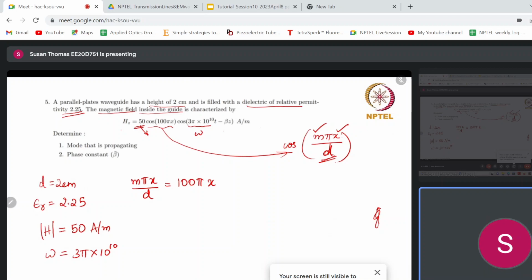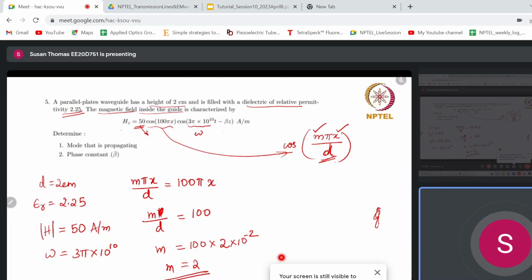So from that, pi can be cancelled. m by d is equal to 100, or m is equal to 100 into 2 centimeters, which converted to meters is 10 power minus 2, and m is equal to 2. That is your mode number. So here you know the mode number and also the angular frequency.